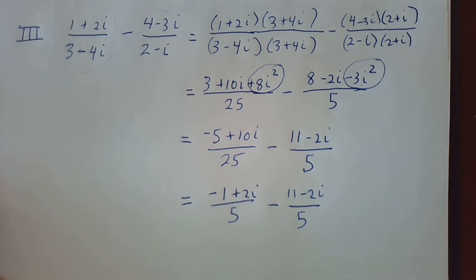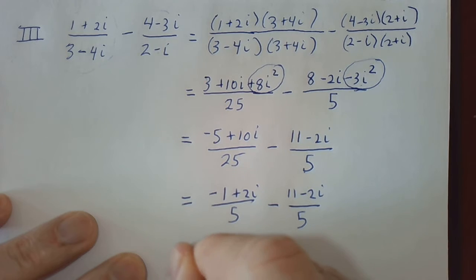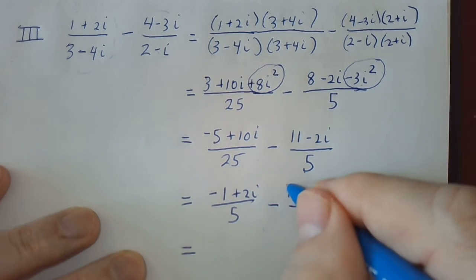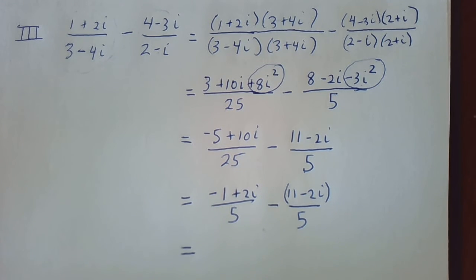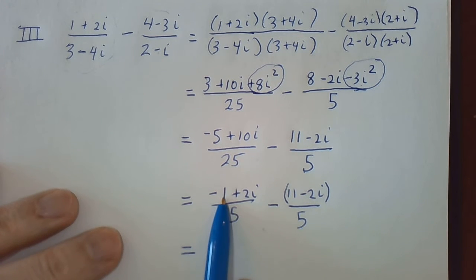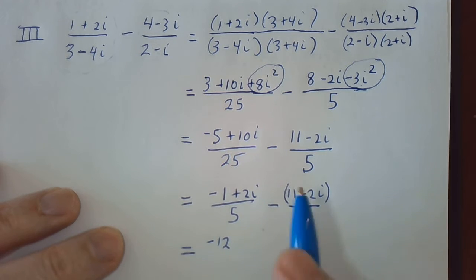So I seem to be running out of room, so I'm going to finish this up with one more step. Remember, there are implied parentheses around every numerator and denominator, so I'm going to get negative 1 minus 11, which is negative 12. I'm combining the like terms in the numerator.